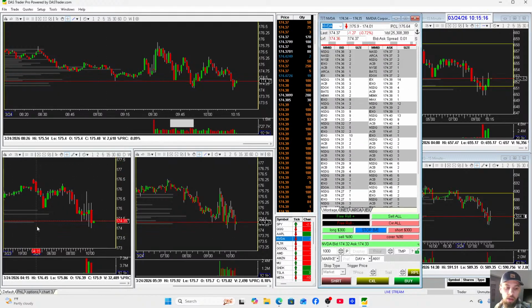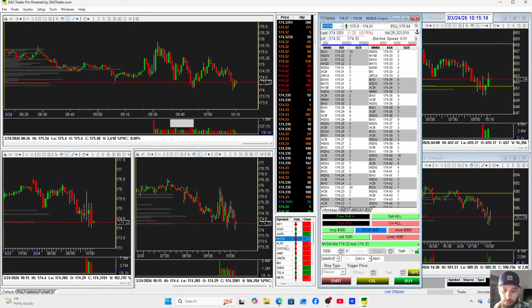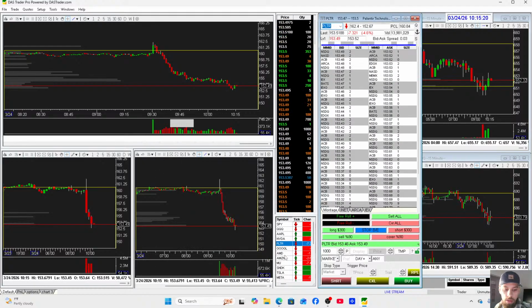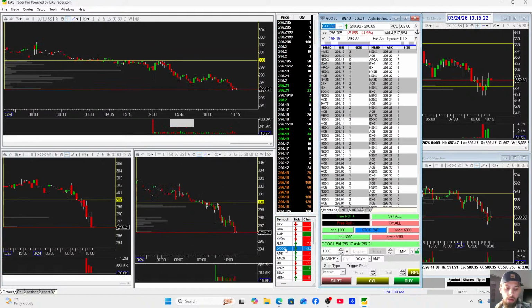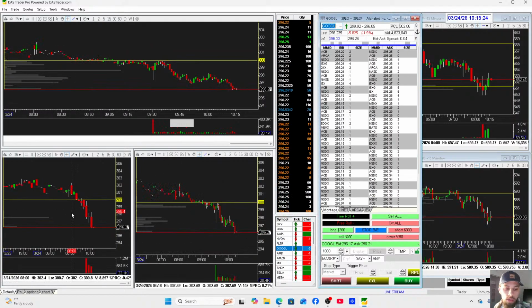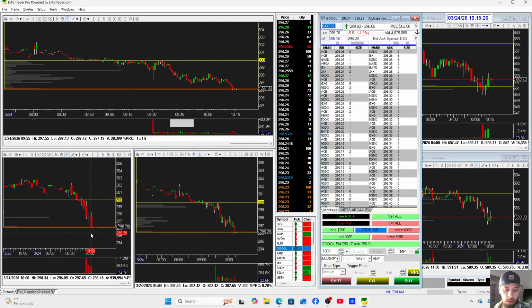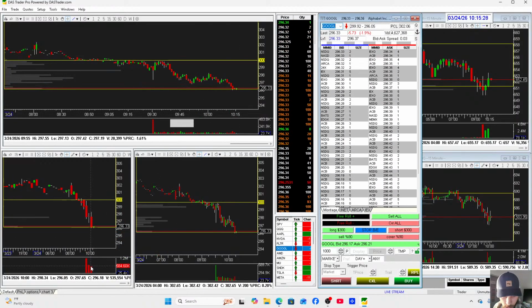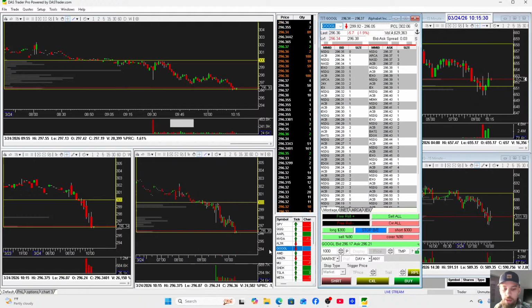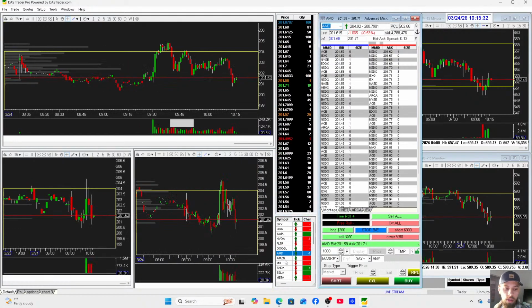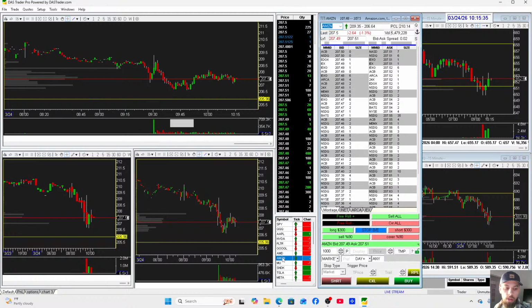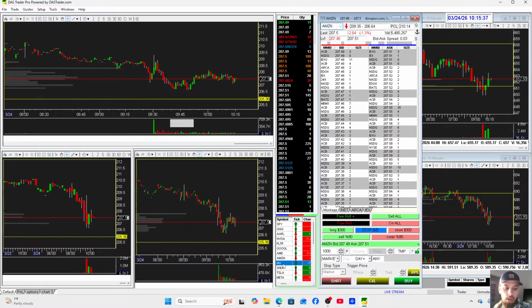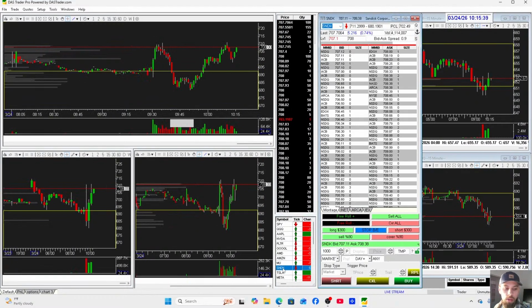Nvidia, it's looking weak. PLTR weak. Google testing the box here. Decent red candle, but I like to see that volume a little bit higher on that 15-minute candle. Amazon, nothing much, nothing there.